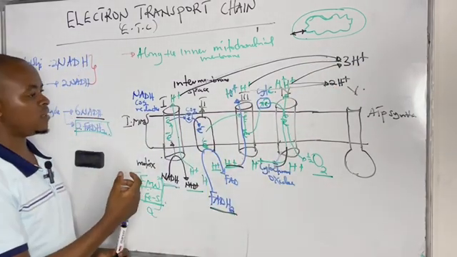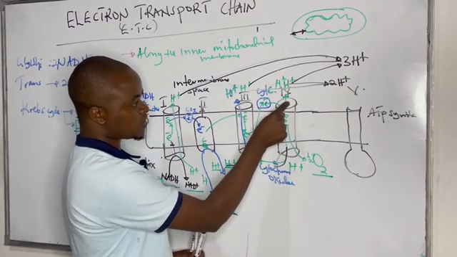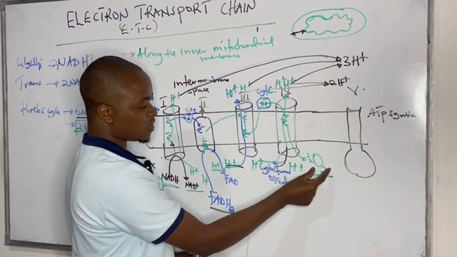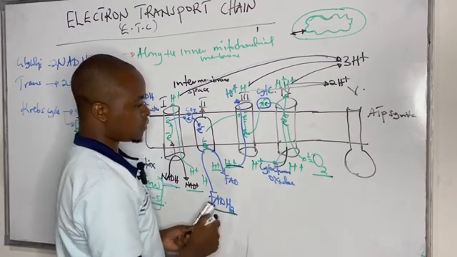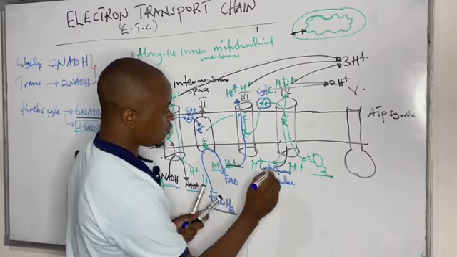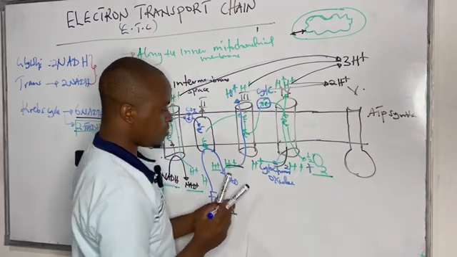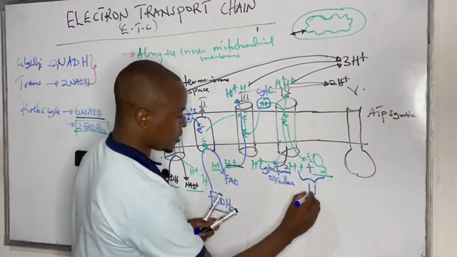And what happens after oxygen at cytochrome oxidase, which is complex 4, accepts the last electron? It becomes reduced, whereby it will come and combine with hydrogen. If we have 2 hydrogen here, they combine, and this combination results in the formation of water.